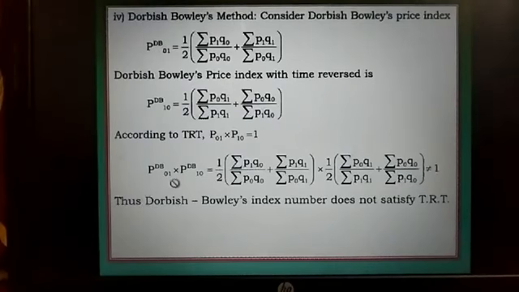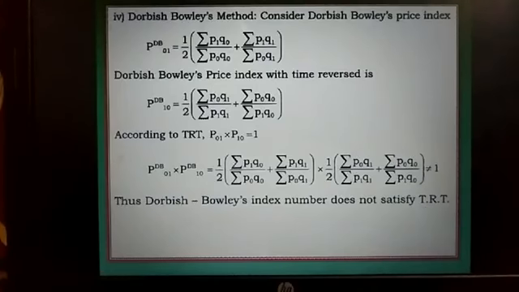Once P10 multiplied by P01 is not equal to 1, what is the conclusion? It is not satisfying the time reversal test. So Dorbish-Bowley's method is not satisfying TRT. That's why at the end it is written, thus Dorbish-Bowley's index number does not satisfy TRT.